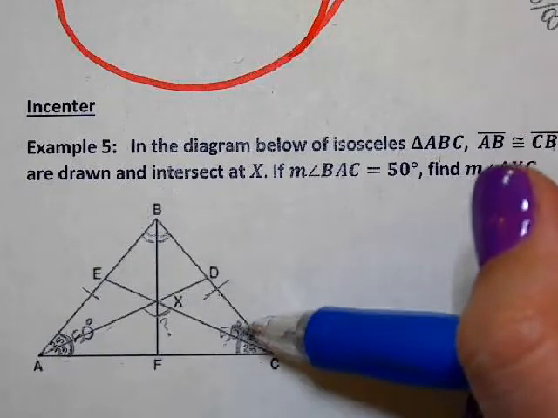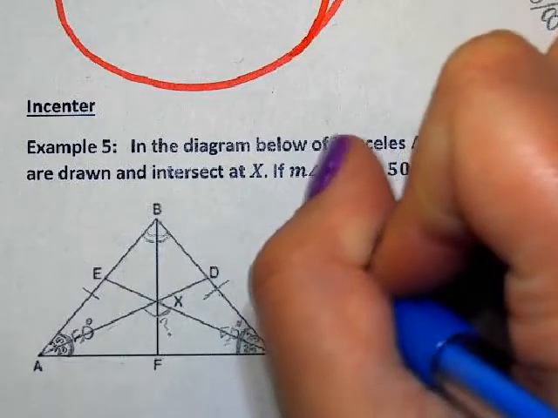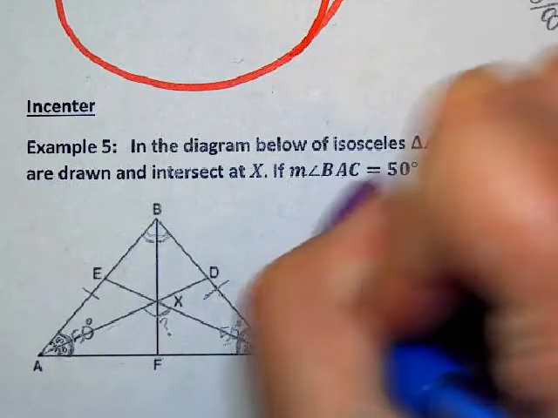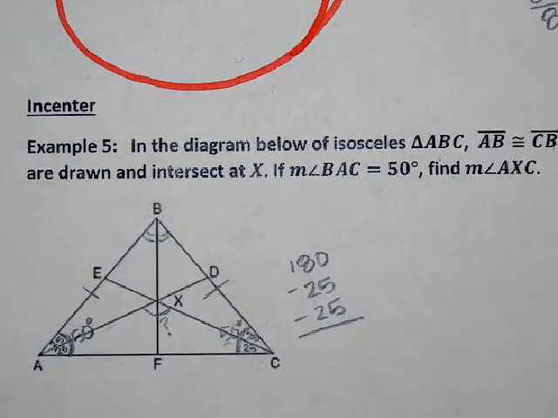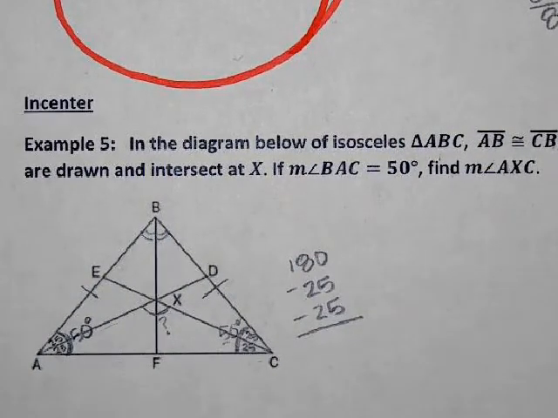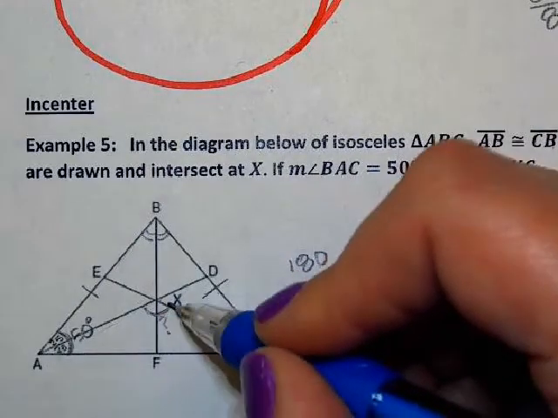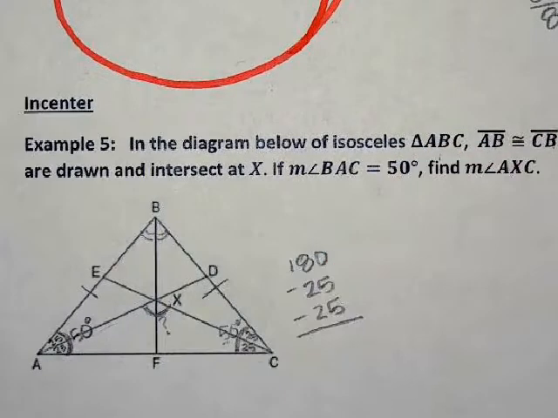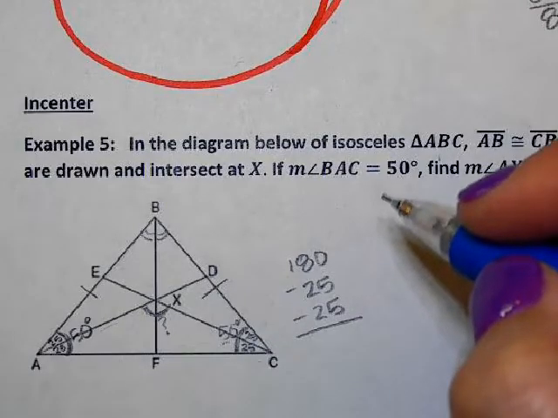Yeah, my labels might be confusing. AXC is both sides. Oh, I see what you're saying. I was calculating the individual sides. Okay, so 180 minus 50 is 130. So 130 is the whole thing. So the measure of angle AXC is 130 degrees.